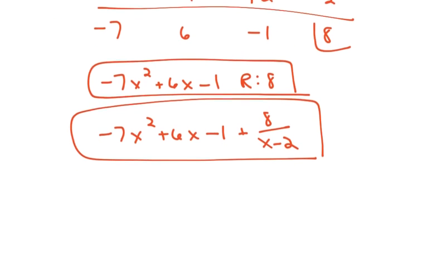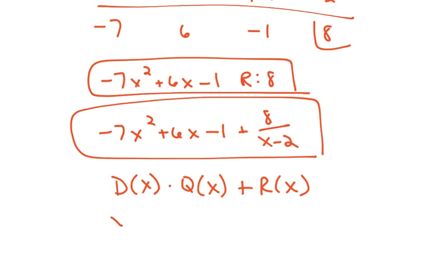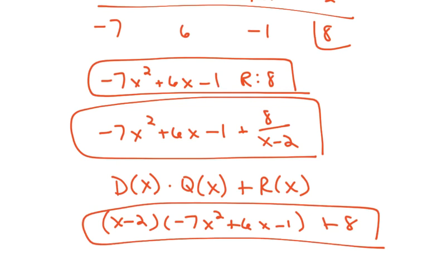And the third way, the one our Pre-Calc Honors book introduced, was divisor times quotient plus remainder. So it would be x minus 2, negative 7x squared plus 6x minus 1 plus 8. One of those would be the answer to the problem on the final.